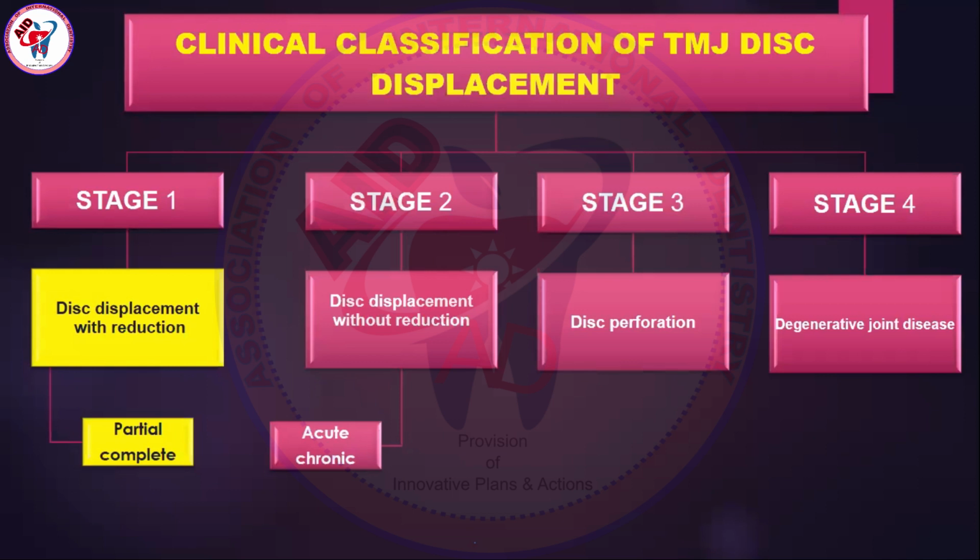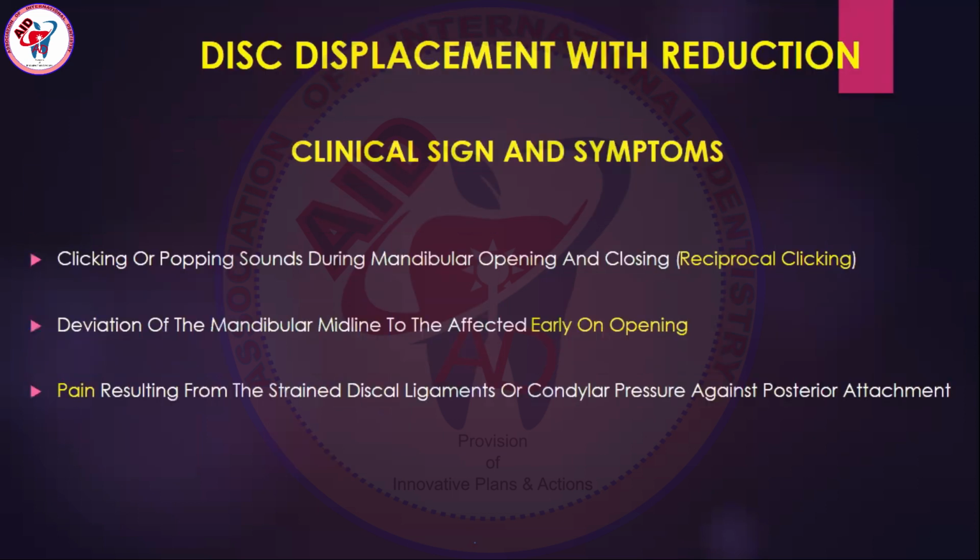That means the disc is displaced, no doubt, but it is coming back. It may be partial or it may be complete. Now we are going to see it. The clinical sign which we see is clicking and popping sounds during mandibular opening and closing, and that is called a reciprocal click.